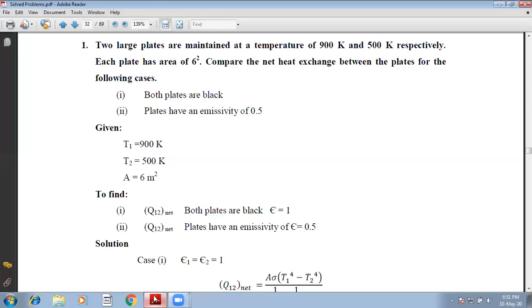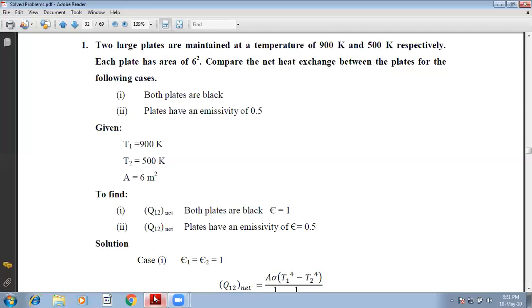Now there could be all three phenomena occurring, or two phenomena, or one phenomenon occurring. But all the time, absorptivity plus reflectivity plus transmissivity will be equal to 1.